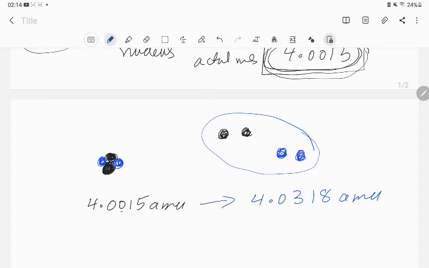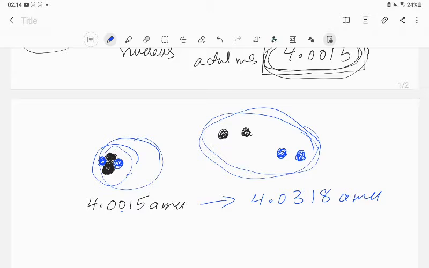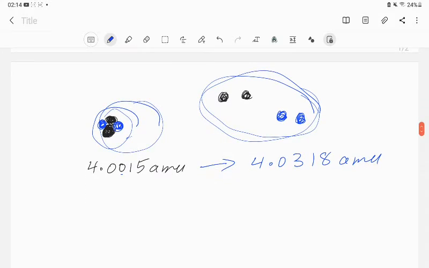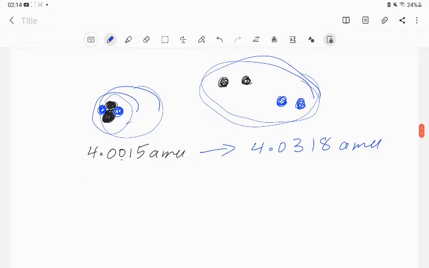So here, see, this mass is less than this mass, right? So that means some mass is lost. Okay, so that mass is called mass defect.